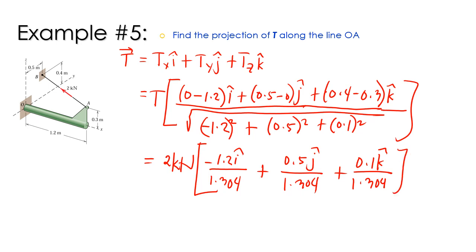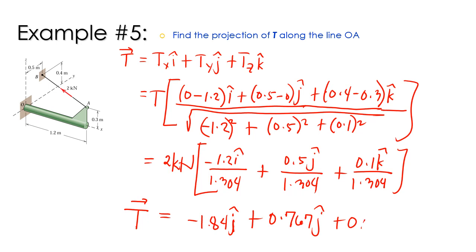So our vector T is equal to negative 1.84 i plus 0.767 j plus 0.153 k. Then the unit is kilonewton.